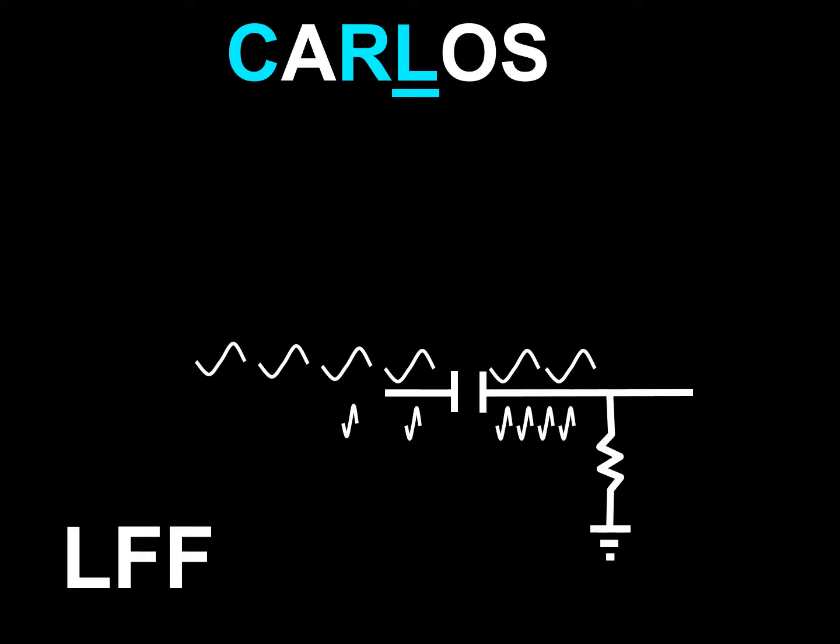In other words, a capacitor will allow thin waves to go through with more ease than fat waves. In this frame, I have represented this phenomenon by drawing 4 thin waves past the capacitor, while only drawing 2 fat waves passing the capacitor.